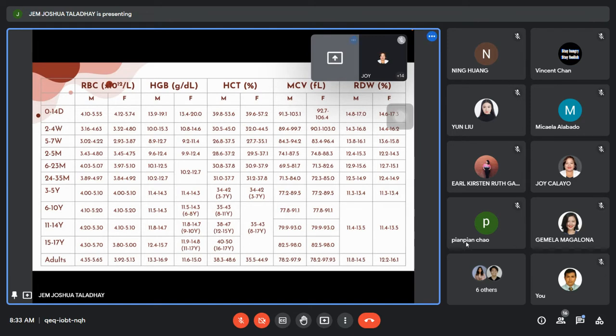There are so many fluctuating normal values. I haven't read of a specific explanation on why they have this kind of fluctuation.